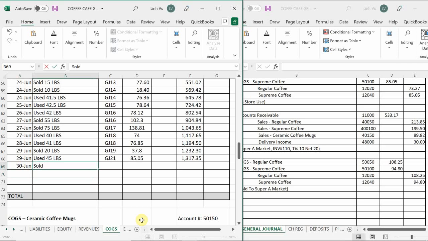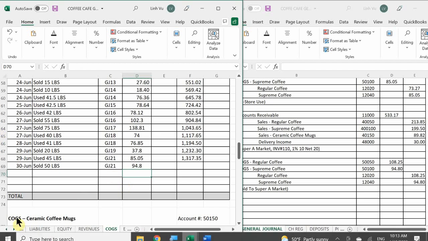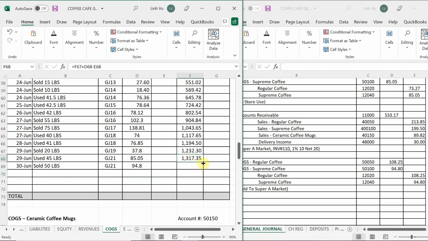We sold 50 pounds for a total of 94.80. Ending balance. $1412.15. Good.